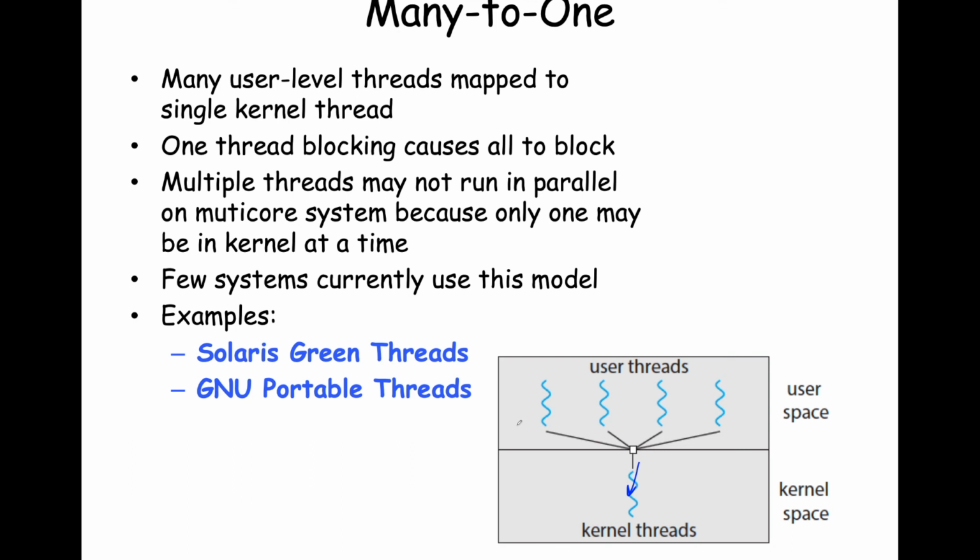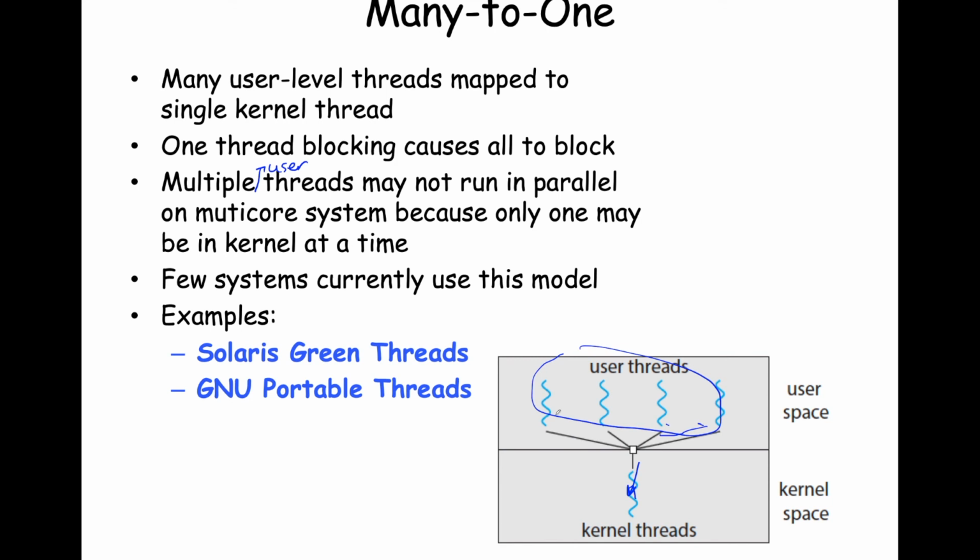And so what this means is, if you have multiple user-level threads, they may not run in parallel, because if one blocks, that means all of the threads block, because that one blocking thread means the underlying kernel thread is also going to block. And so very few systems use this model.